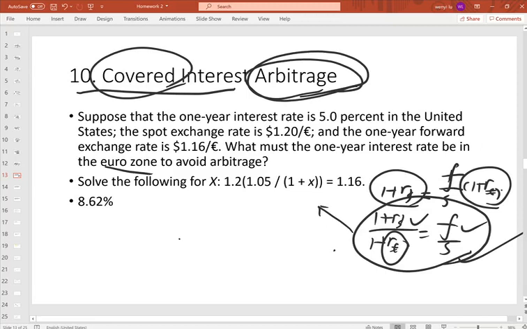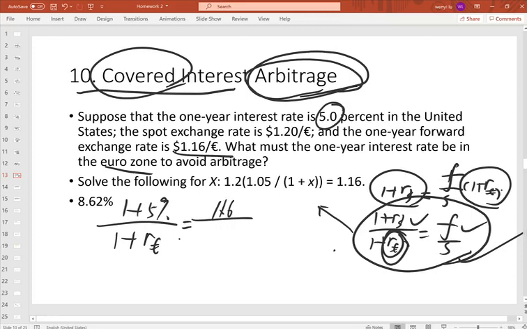So let's plug the numbers into these equations. R dollar is 5%, so 1 plus 5%. And this one is what you want to solve, the euro rate. The 1 year forward rate is $1.16 per euro. What's the spot rate? 1.2.